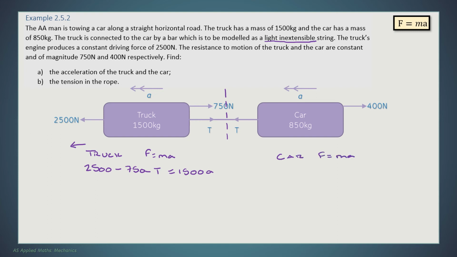It's always a good idea in any part of maths, but particularly mechanics, to state any equation that you're using to make it really clear, so that if you do make a slip up, you might still stand a chance of picking up your method marks. In the direction of motion for the car, we have tension. Against motion, we have the resistance of 400, the mass is 850, and acceleration is a. So I've got these two equations here.